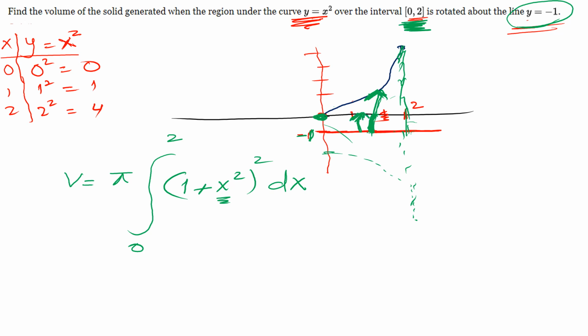Distance cannot be negative, so 1, plus the curve. Whether you go from here to there, everywhere you are covering a distance of 1 plus the curve. If you write this in the calculator, you will get 206 over 15 pi.